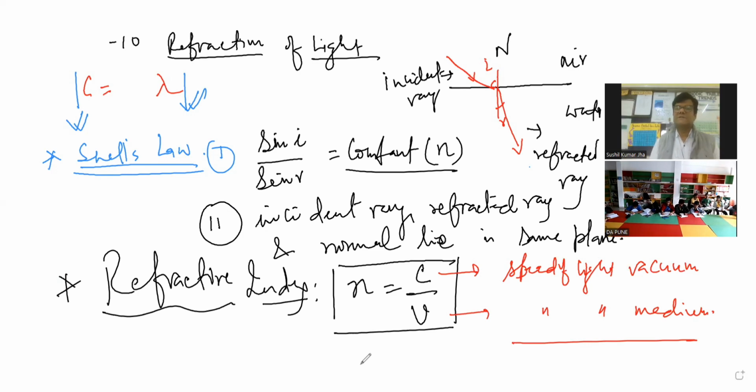So all of you write a question. Find the speed of light in a medium having refractive index 3/2.